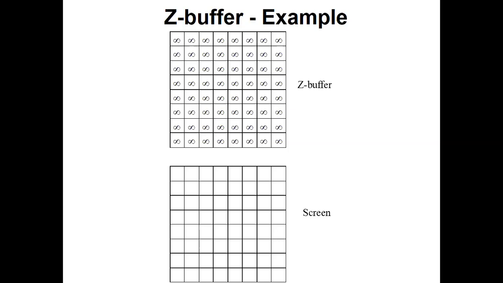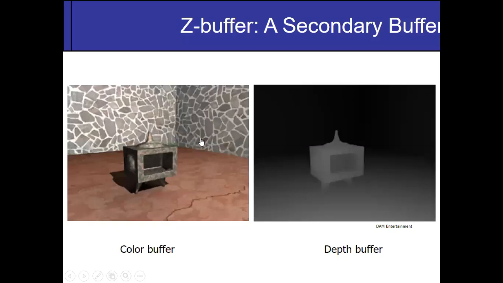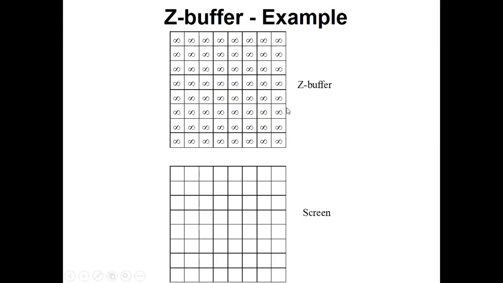That is, you are not seeing anything. So initially, let us understand it this way. Z buffer means all the pixels' depth is infinity, because let us initialize the buffer, and the screen let us initialize to be empty.